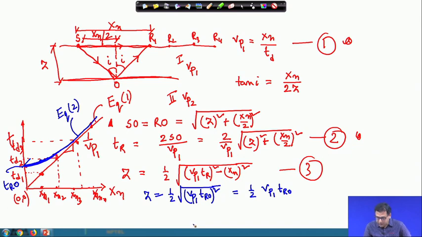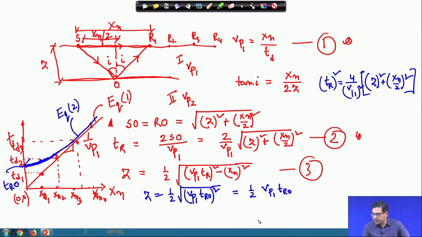Now, if I square both sides of expression 2, it becomes T_r square equal to 4 by V_p1 square, then z square plus x_n by 2 whole square. This is the expression if I square both sides.